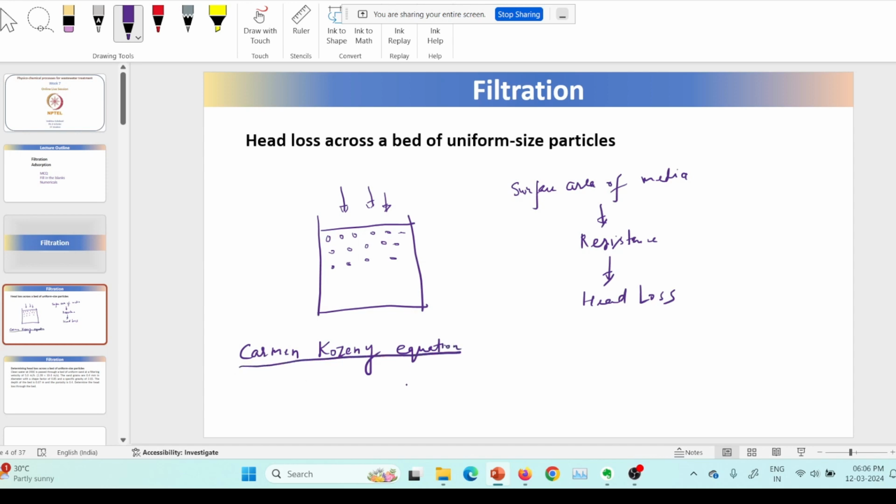So head loss, if I denote it as HF, is given by HF = F' L (1 - E) Vs² divided by E³ G dP. So what are these things? Let's see.